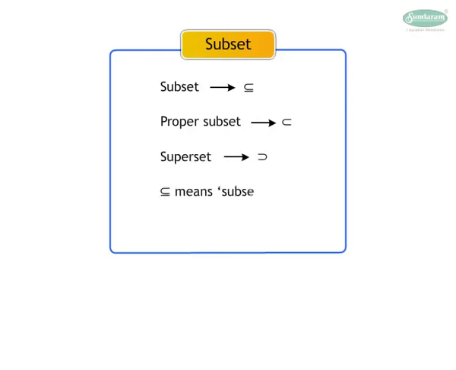We put a small line below proper subset and this new sign denotes subset. We now put a vertical line on the sign of subset, which means it is not a subset. Hence, students, we have now understood the different signs that denote subset, proper subset, and superset.